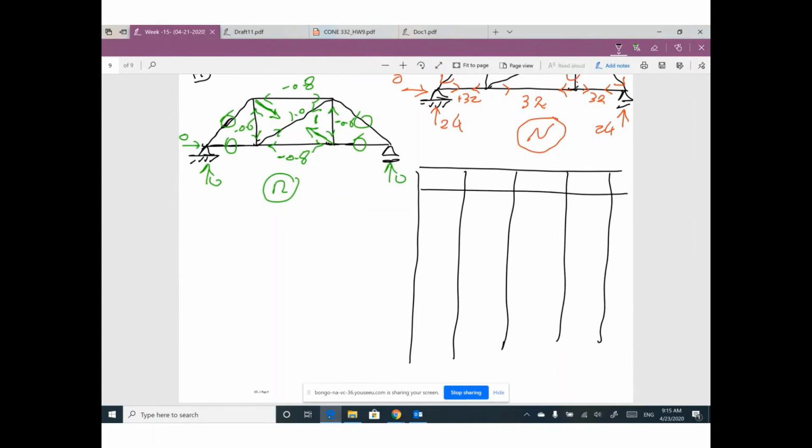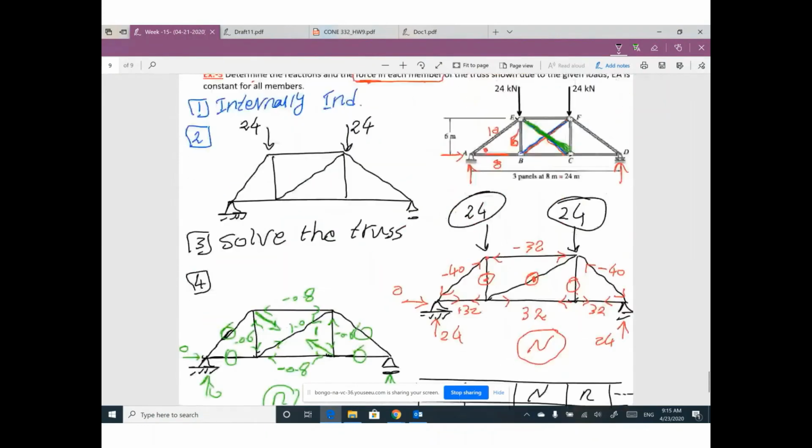Member, L, capital N, small n, and let's do it.